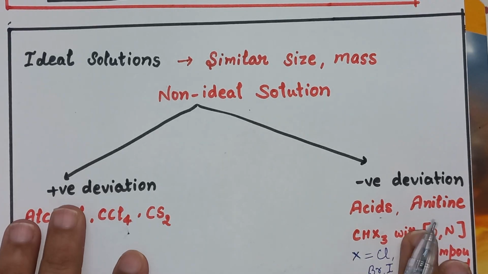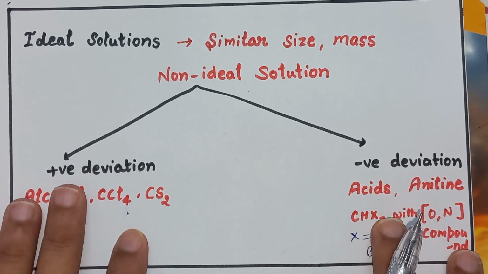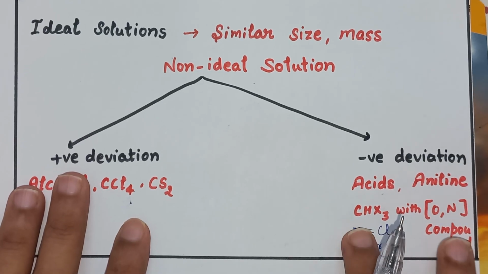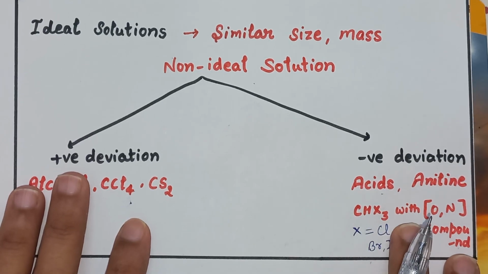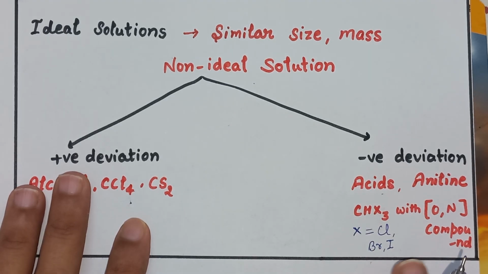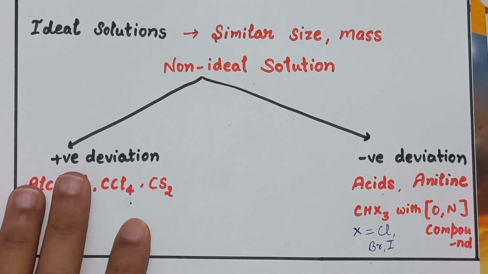And in the case of a non-ideal solution that shows negative deviation, one of the components may be an acid, aniline, or a compound like CHX3, where X is a halogen, meaning the compound may be chloroform, bromoform, or iodoform, or a compound that contains oxygen and nitrogen.